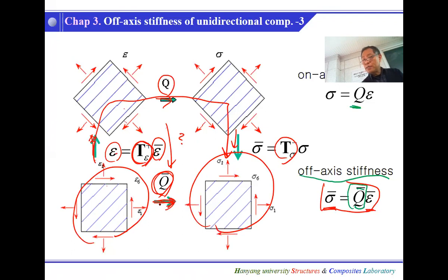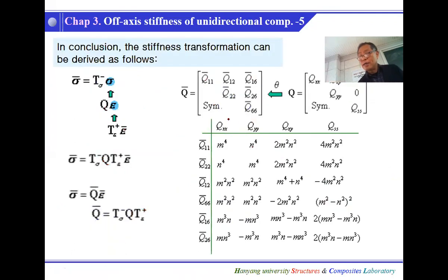To obtain this definition or relation, we just go through this, and as you can see, in other words, there is a transformation of sigma, and this sigma has a relation with the strain in the on-axis coordinate, Q, and this strain is related to the off-axis by transformation. So finally, we got sigma bar in terms of Q epsilon bar.